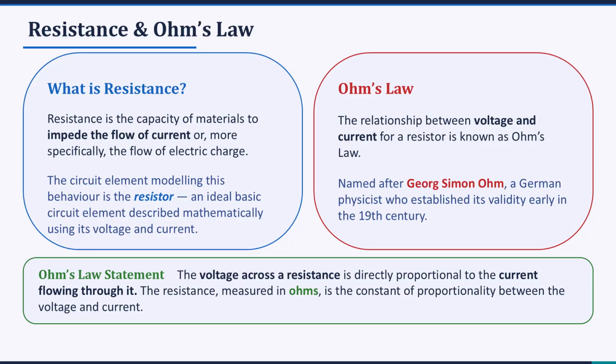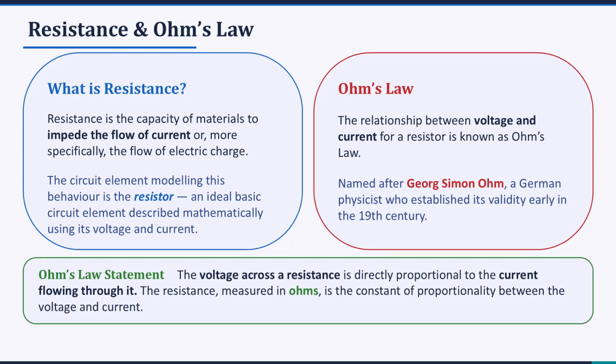Now, in your circuits, the component that models this behavior is called a resistor. It is an ideal basic circuit element, and it is mathematically described using the relationship between its voltage and its current. And the second concept on this slide, Ohm's law, is precisely that relationship.